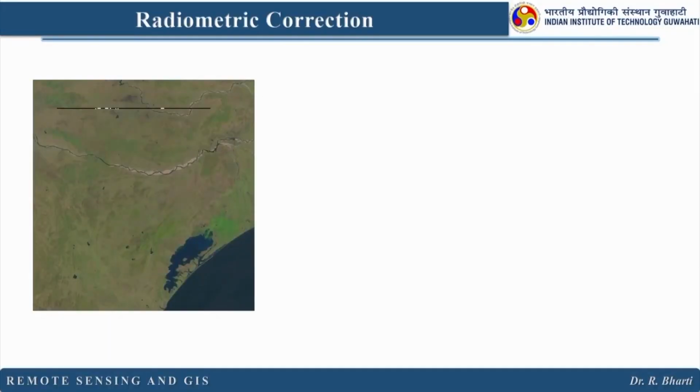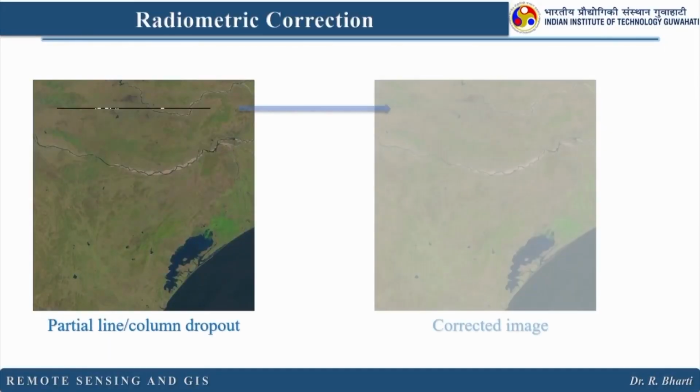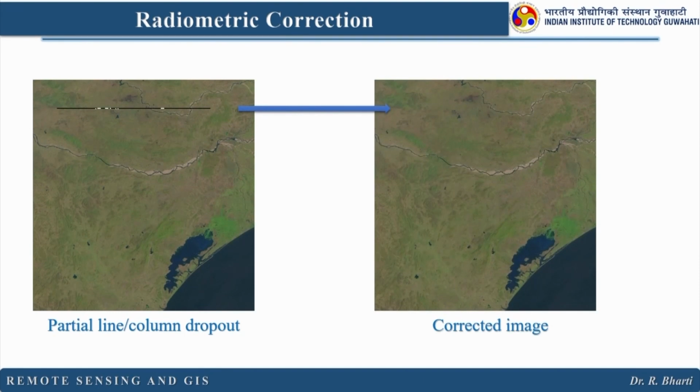So, here this is the example when you are having partial line or column dropout, and this is the after correction. So, this example I have put just for you to see the problem before correction and after correction. So, you will better understand this particular error, right.